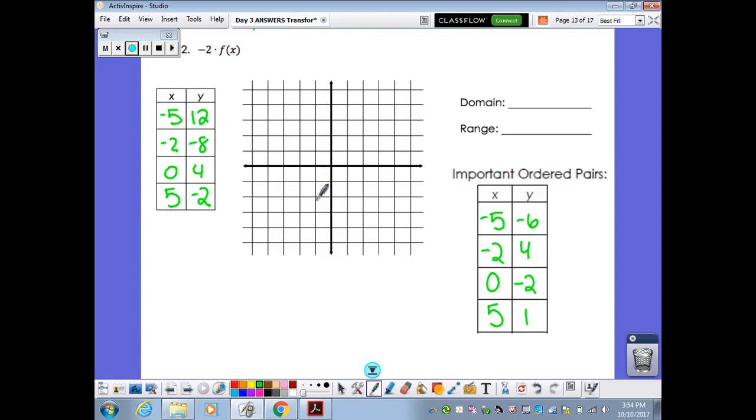Negative 8 is down here. And we connect our dots, trying to make our lines as straight as possible.